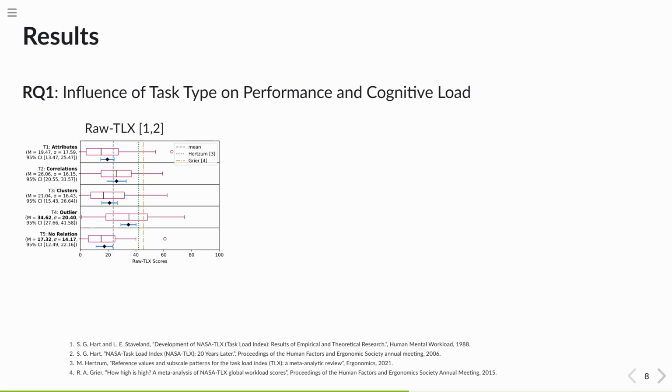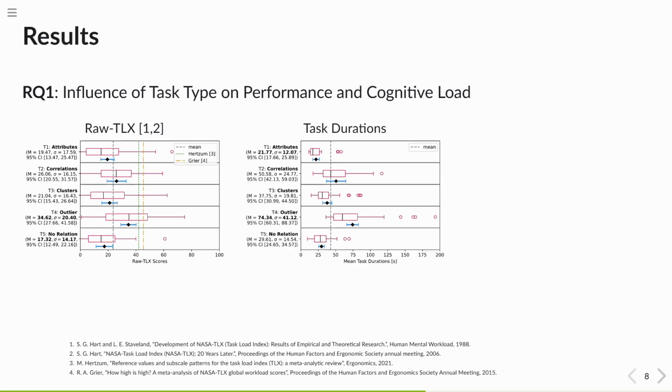While finding plots having no relation was classified to be on average the easiest, finding plots having an outlier was classified to be the most challenging one with the highest standard deviation. On average, tasks could be solved in less than 43 seconds, and while finding plots according to their attributes could be solved quickest, again, the outlier tasks took on average longest to complete.